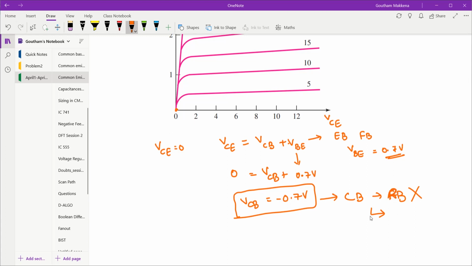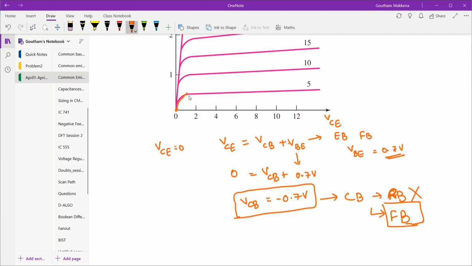The collector base junction becomes forward biased. That is why you can see some kind of weird behavior happening.